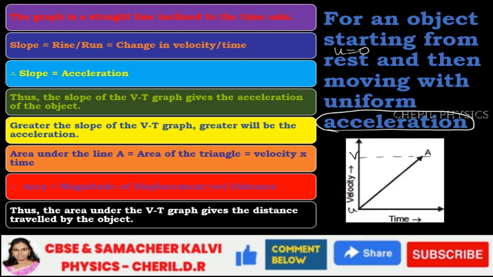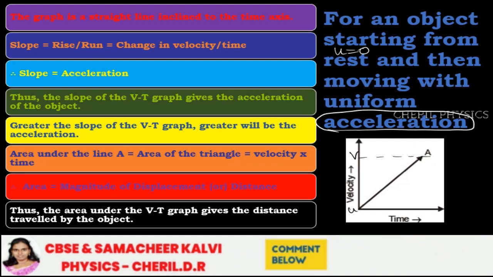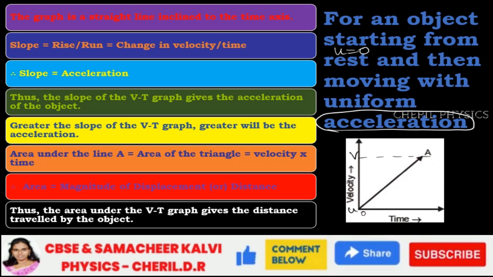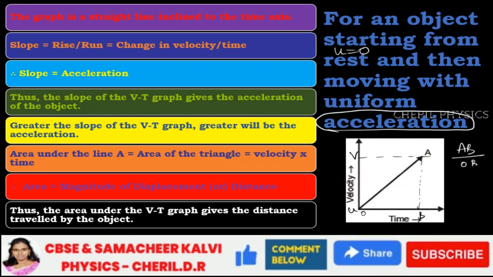Now what will be the value of the slope? If this is point O, then what will be OA? If I drop a line here, with points A and B, then my slope will be AB by OB.